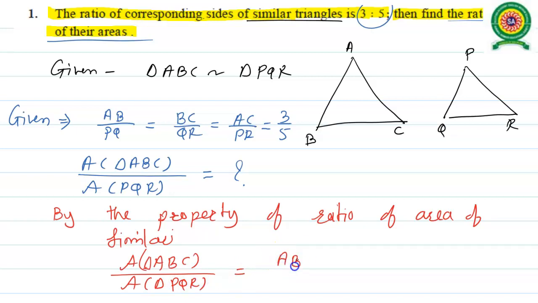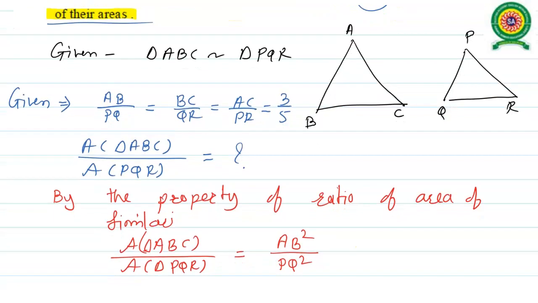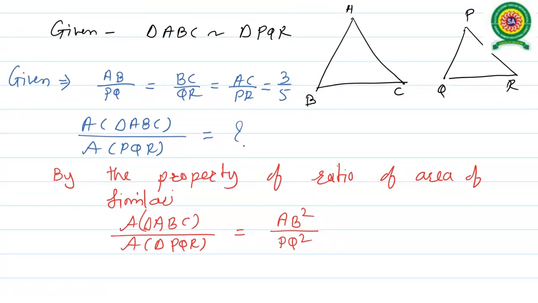You may take any one side. I would like to write here AB square divided by PQ square. So what is the value of AB divided by PQ? We have 3/5. Taking the square of numerator and denominator in common, we can write AB divided by PQ the whole square.